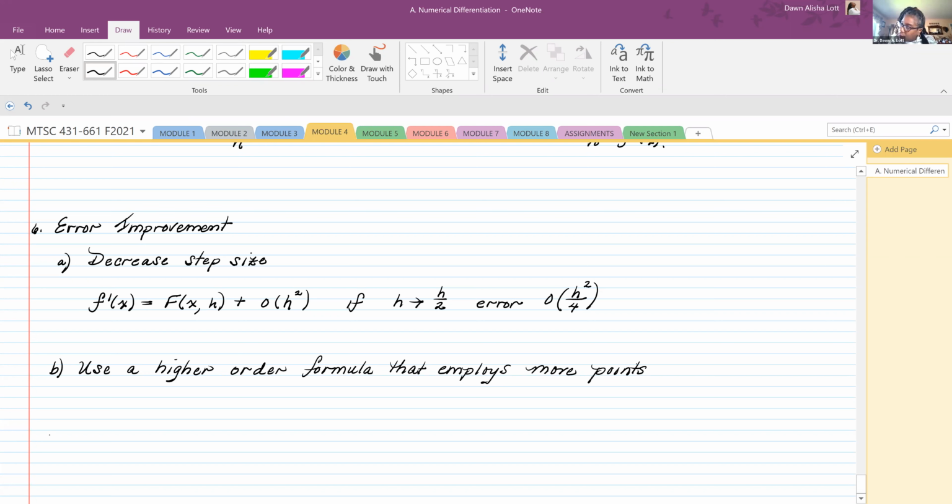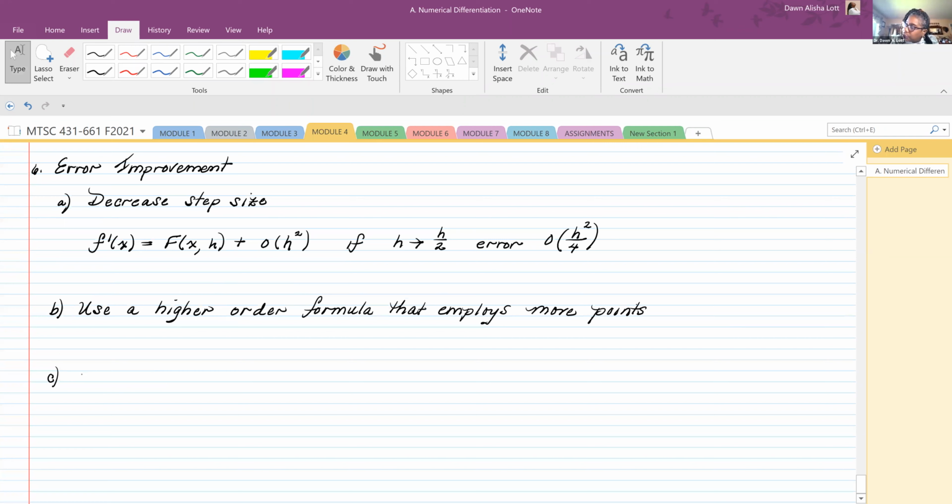And C, which we're going to learn in a minute, is you can use Richardson extrapolation. And here you use 2 derivative estimates to compute a third, more accurate approximation.